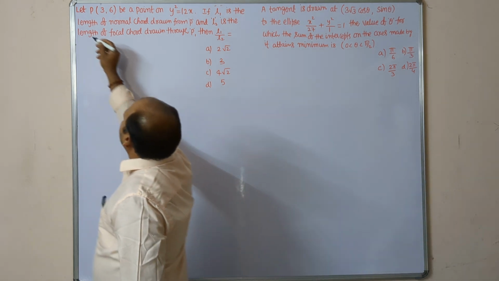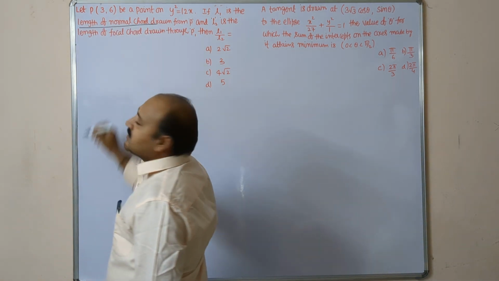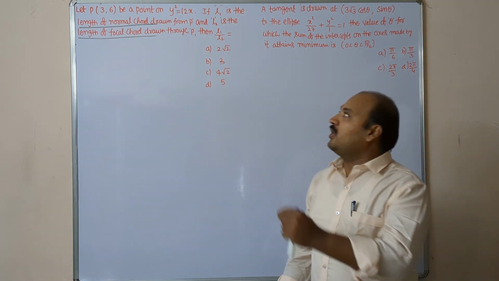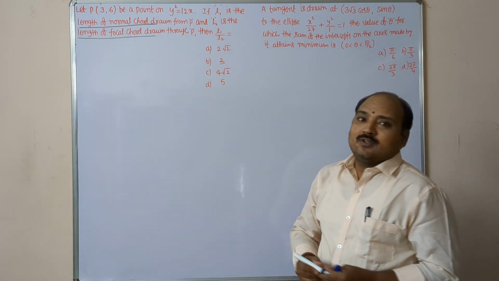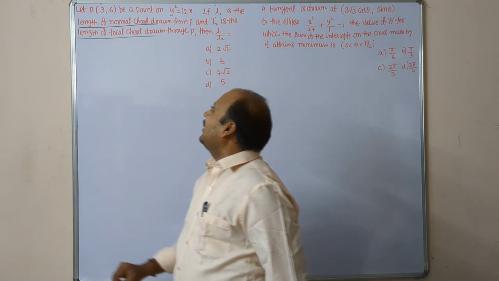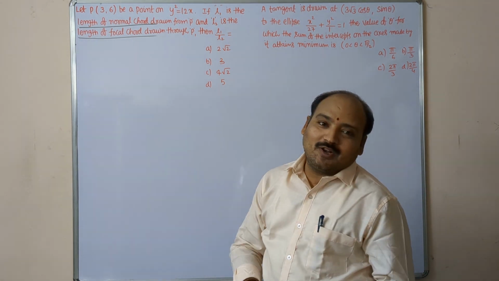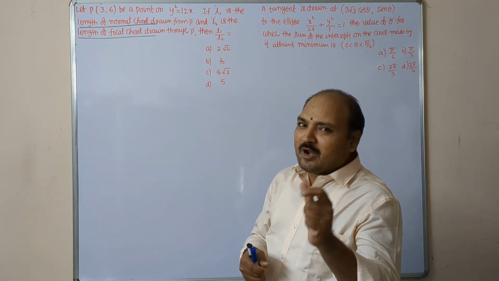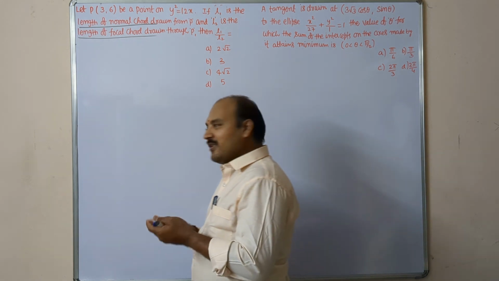One is the length of the normal chord. Second one is the length of the focal chord from the point P(3, 6). So we need to know the formulas of the length of normal chord and length of focal chord at the point (3, 6). In terms of parametric points, it will be very easy.